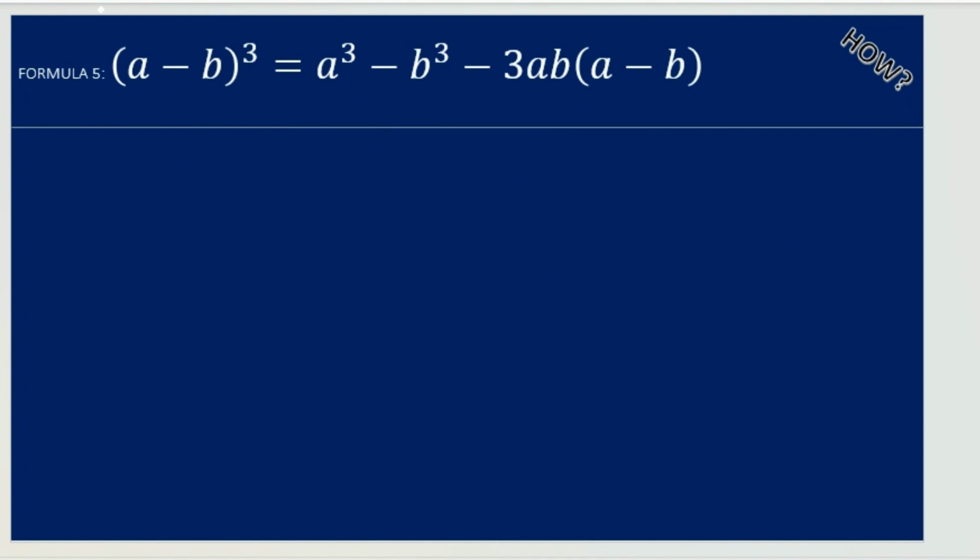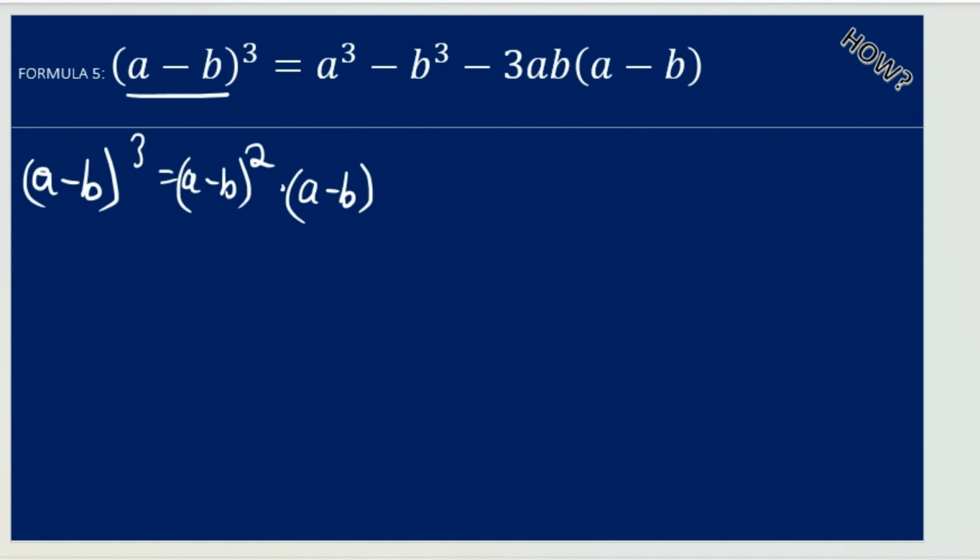So now here we're just going to do the same thing we did on formula number 4. But instead, here we're going to multiply with different signs. Okay, so we're just going to get different signs. So another way to write a minus b whole cube is going to be a minus b whole square times a minus b.